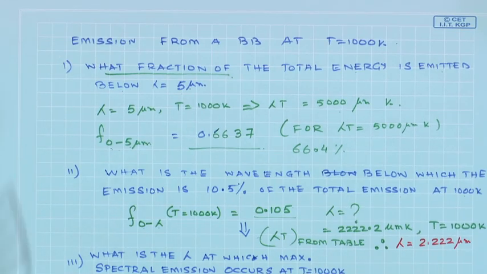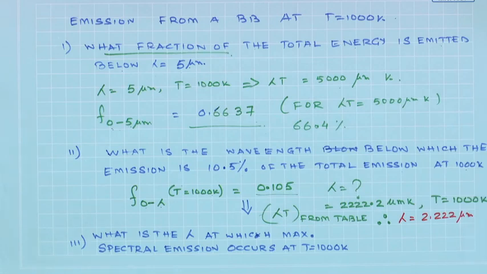So, the third question is, what is the wavelength at which you are going to get the maximum spectral emission? The moment I say spectral, that means it's wavelength dependent. So, the value of the temperature is provided to you, you have to find out what is the wavelength at which the emission is going to be maximum.